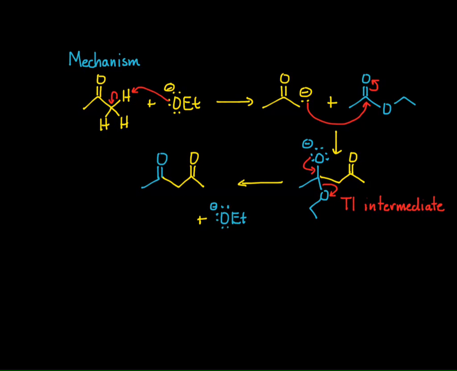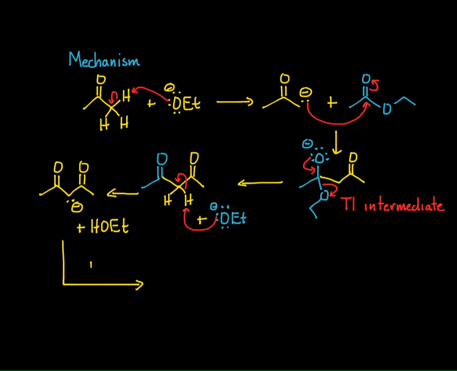Now the key for this reaction to work, and this is important to understand, is that in terms of equilibrium, we actually have very little ketone enolate. We have very little formation initially of the beta diketone in terms of equilibrium. However, when the ethoxide is present and I form my beta diketone, remember the acidity of those hydrogens increases drastically, and therefore I can remove one of those protons to form this particular enolate, which is resonance stabilized.